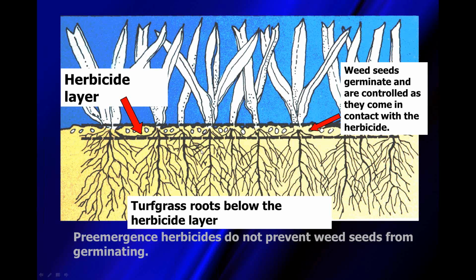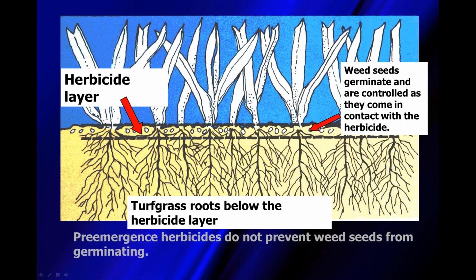A crabgrass seed buried 5 inches deep is not going to have the stimulus that it's going to take for it to break dormancy. And even if it does, it's not going to have the horsepower or the size to push it through several inches of soil.